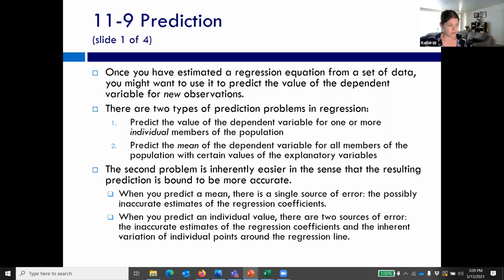So when we predict a mean, there's a single source of error. So predicting the mean for all members of the population is generally going to result in a more accurate prediction. When we predict individual values, we have errors on the regression coefficient and the variation of the individual points around the regression line.